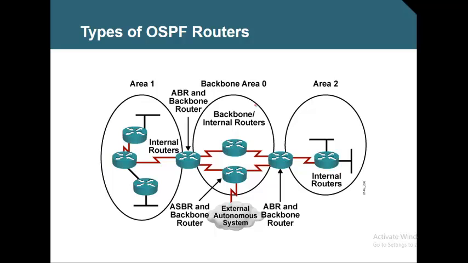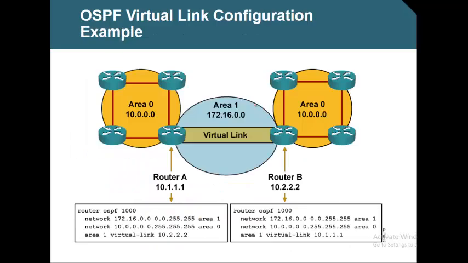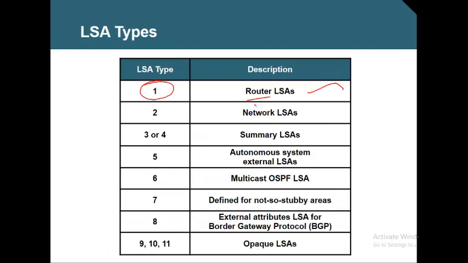It can be ASBR, it can be ABR, it can be internal, it can be backbone. Every router will send this advertisement. But the scope of this advertisement is within the area.